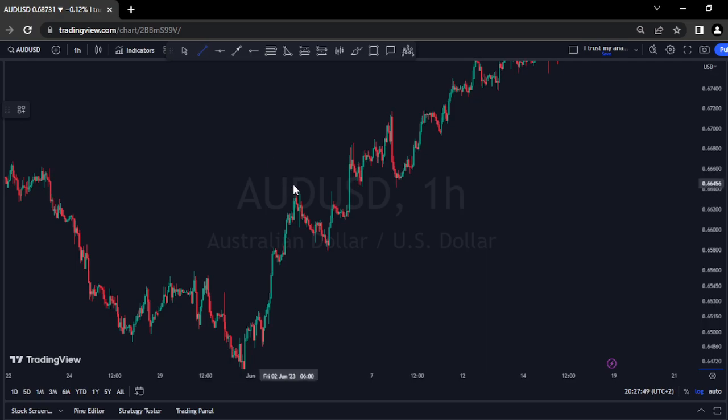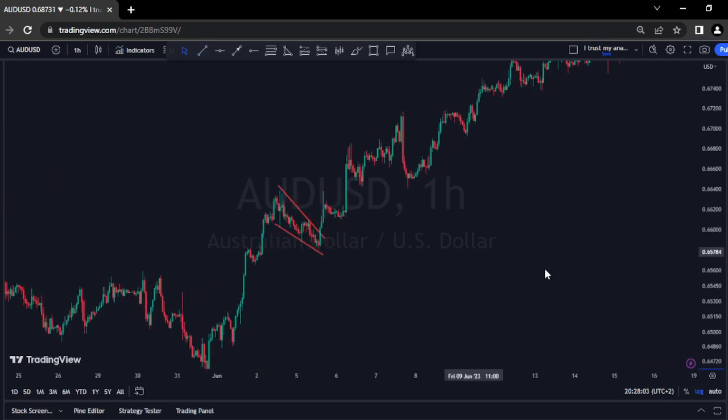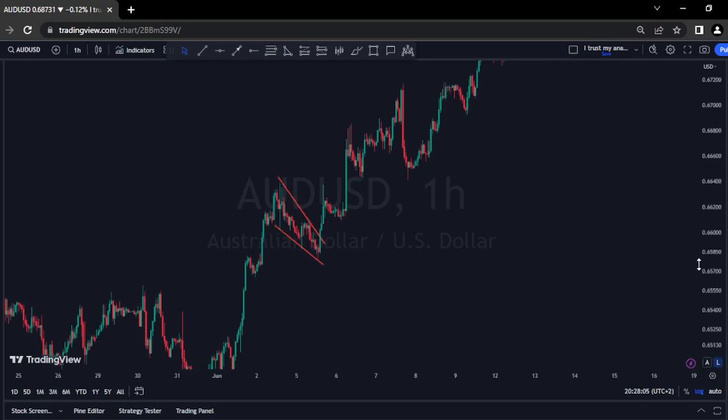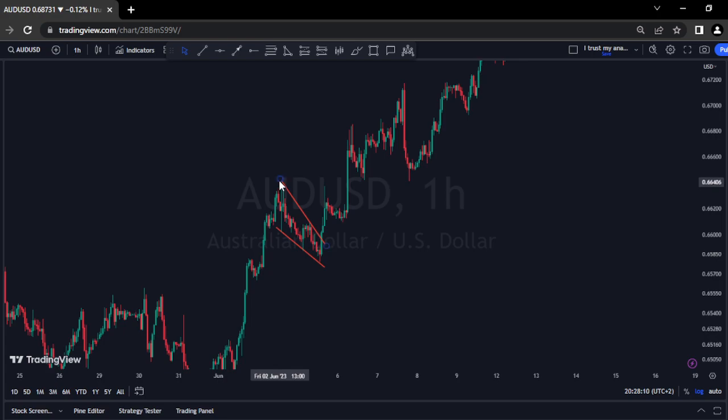For those who don't know, just to give you a hint. See, here's the first one. Let me just zoom in. So this is basically also a lesson. I'm giving you a lesson as well, just showing you what I look for when I trade.